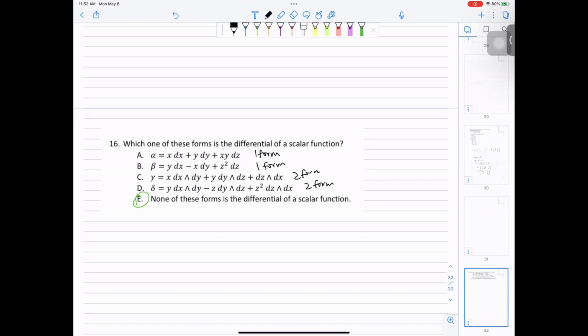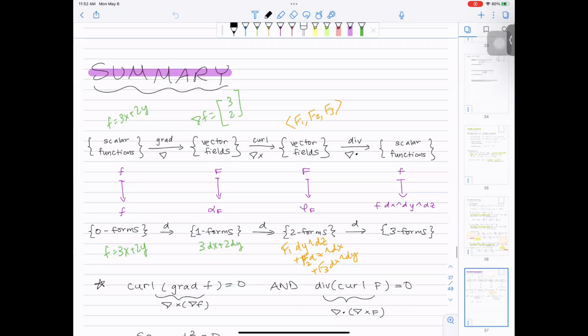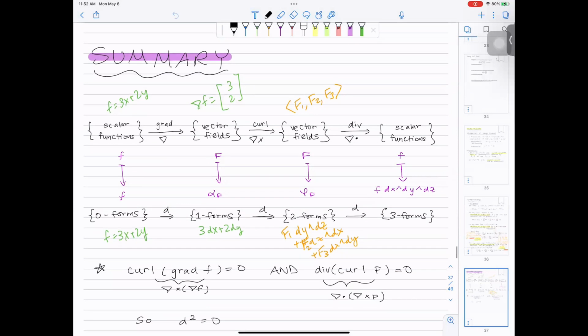If we had a three form, would that be the answer? Oh, like what would be the answer? Three forms are scalars. Oh, I see.